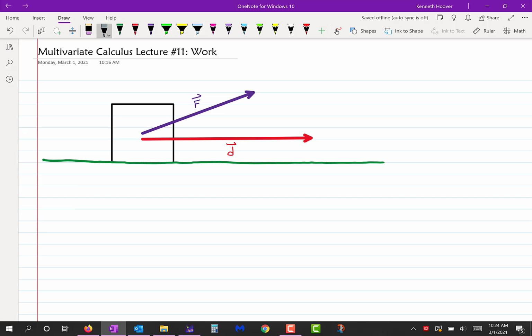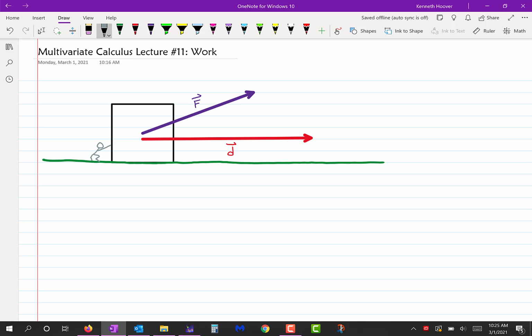If you're moving something that's big and heavy, isn't it normal that you don't necessarily push exactly horizontally? Look how that little guy's pushing that big box. Look at the angle of his arms. He's pushing in the direction of that purple vector. But the box is not going to move up into the air, is it?